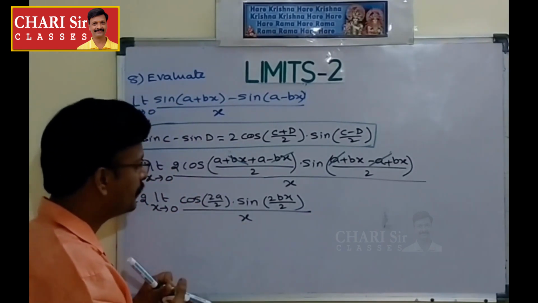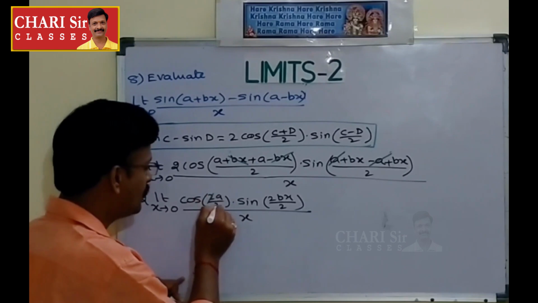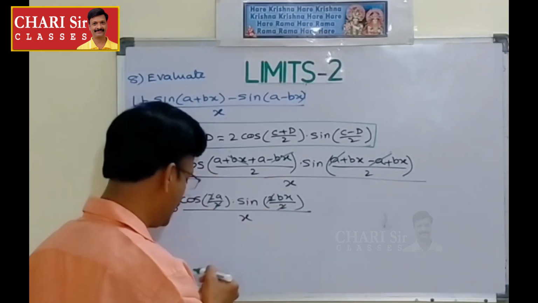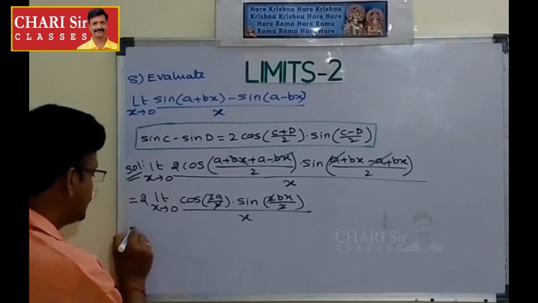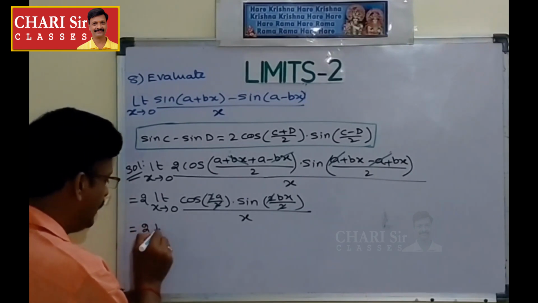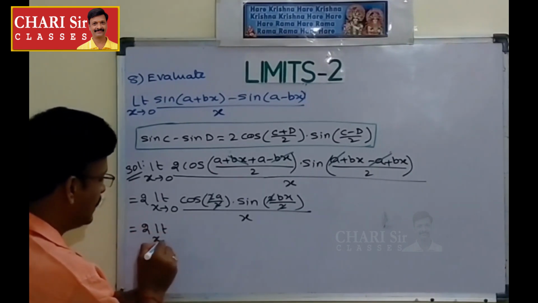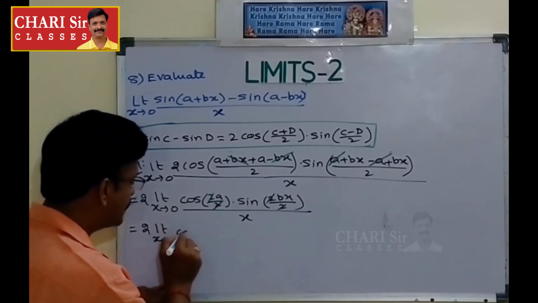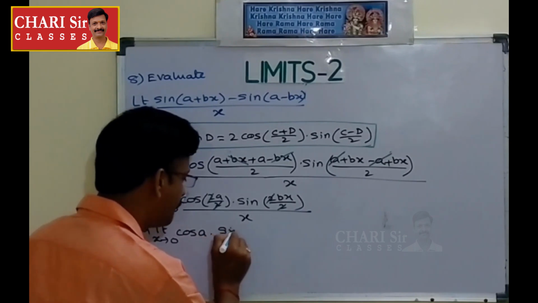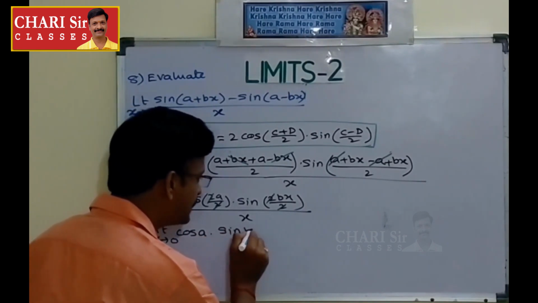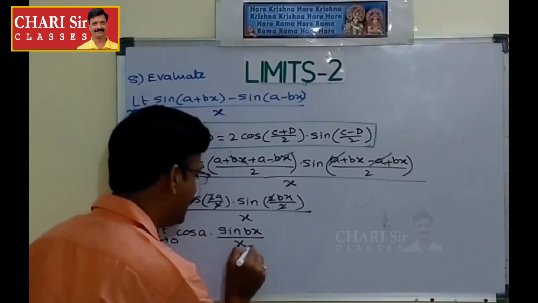Here 2 and 2 get cancelled, and the other 2 and 2 also. So 2 stays outside, limit x tends to 0 of cos a into sin bx by x.